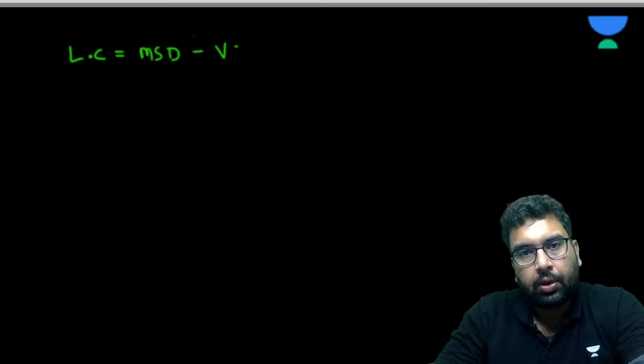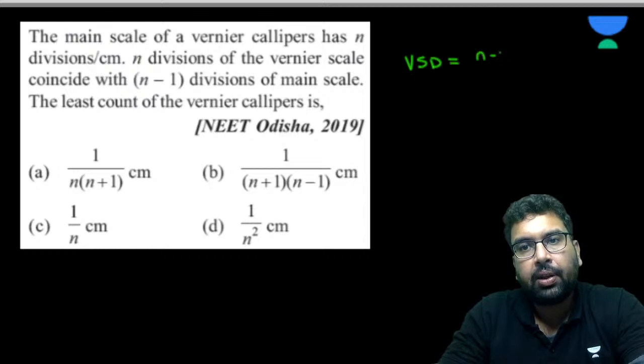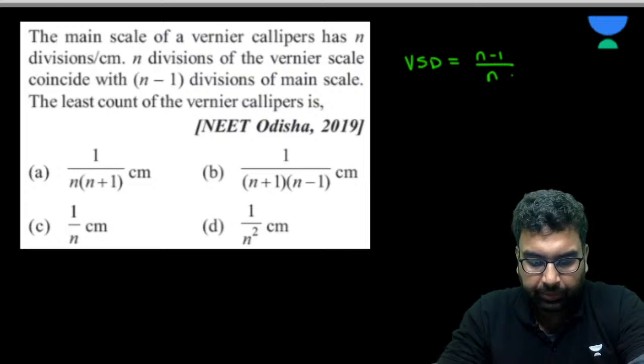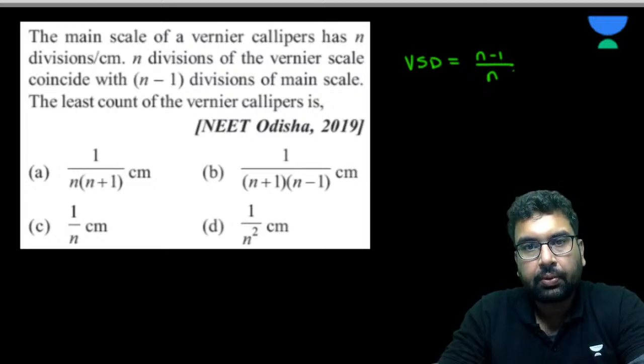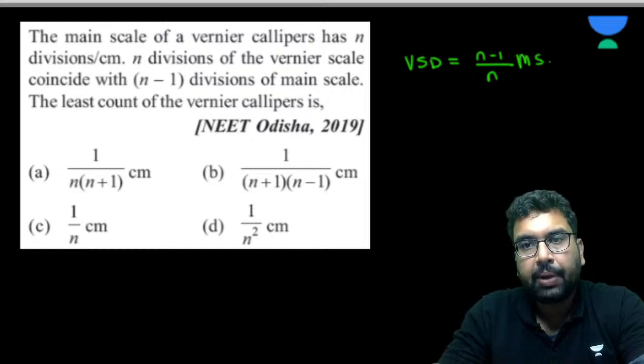Since n divisions on the vernier scale coincide with n minus 1 divisions on the main scale, one vernier scale division is n minus 1 upon n main scale division.